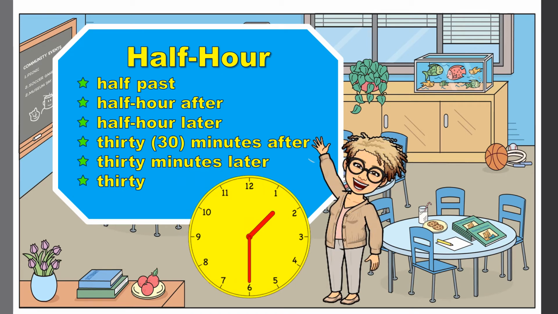This is what all of these things look like on the analog clock when the long hand points to 6. Lock that in your memory bank because that's going to be very important moving further.